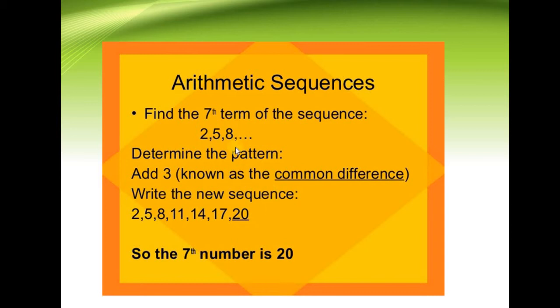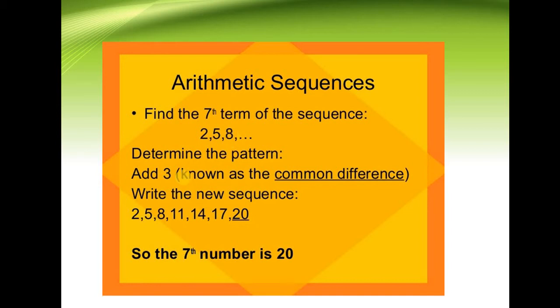Write the new sequence. If we look at the arrangement of numbers, we will see that if we add 3 to 2, we get 5. Similarly, if we add 3 to 5, we get 8. And in this way, if we continue adding 3 to every term, we will get the next one.